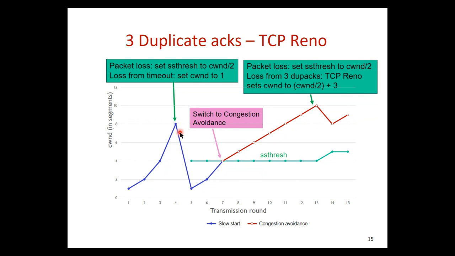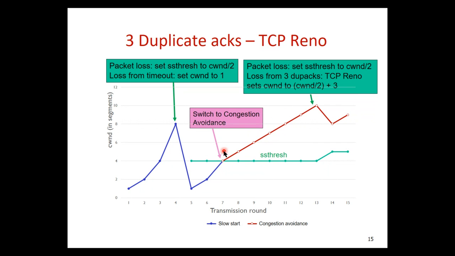They both reduce CWND to 1 and go back to slow start. That is the first thing. Now, if the loss is caused by 3 duplicate acks, TCP Tahoe will reduce CWND to 1. TCP Reno will reduce it using this formula. So it does not go back to 1.